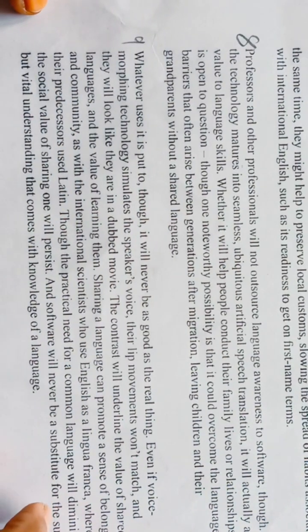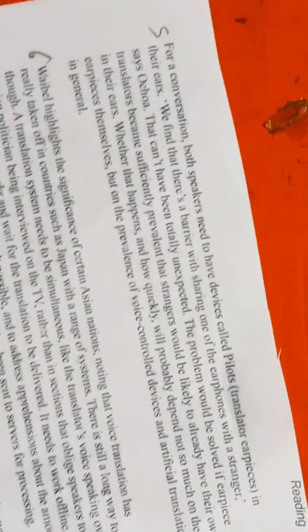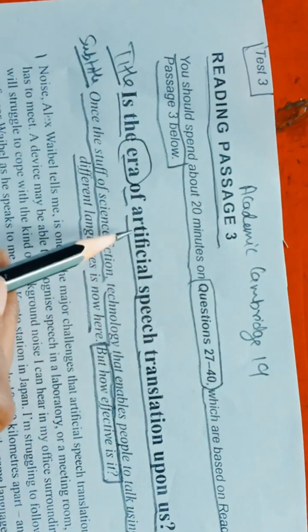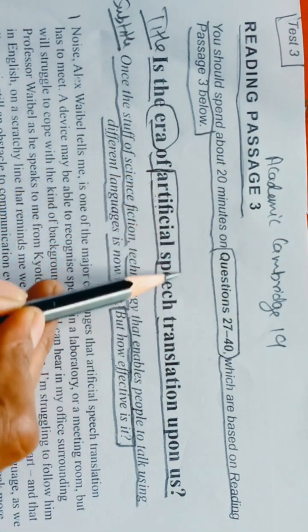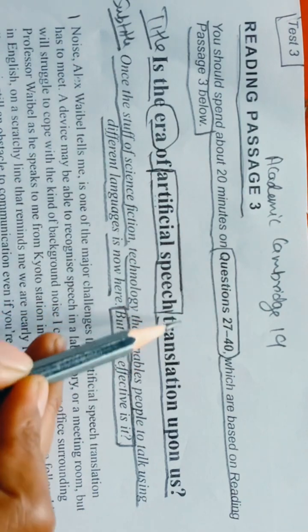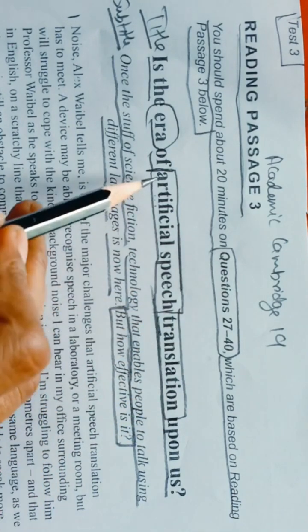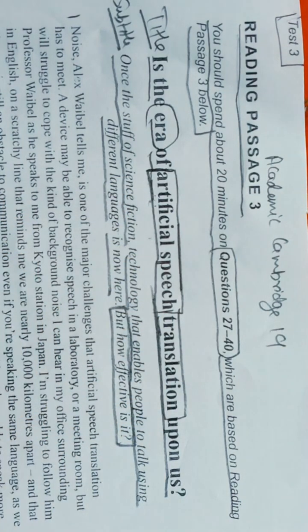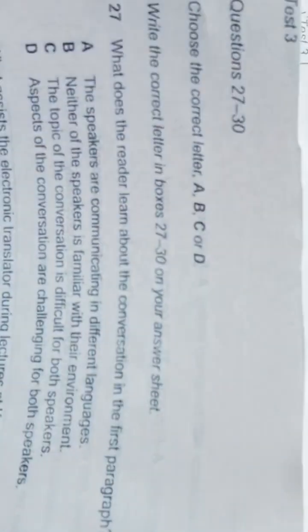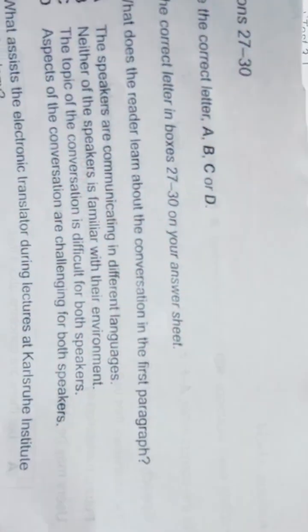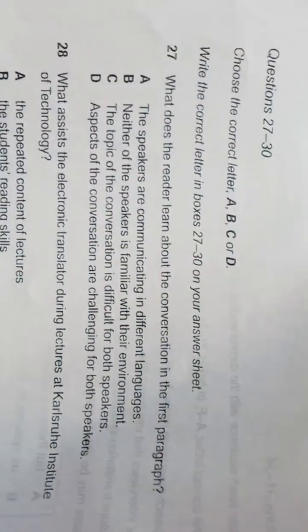So in total we have nine paragraphs. And from the title of the passage we can assume that there must be something regarding artificial speech translation. So now let's quickly mark our keywords and see our types of question.